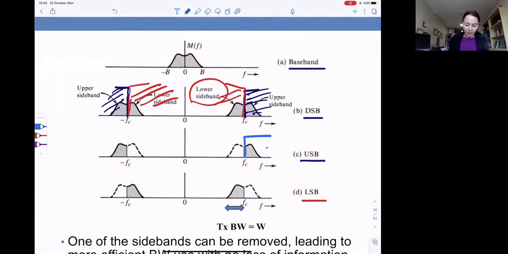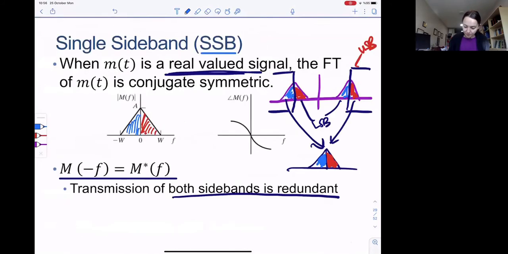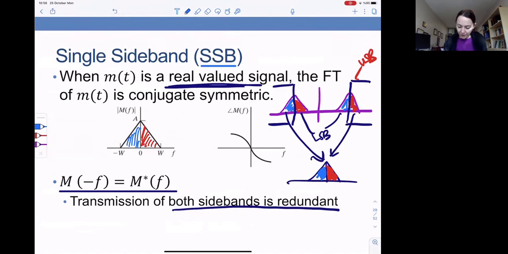So let me go back to our original color scheme. So we have the red part and the blue part, right? So in the upper sideband, if we're choosing upper sideband, we want a red here and we want a blue there. So how can we do that?